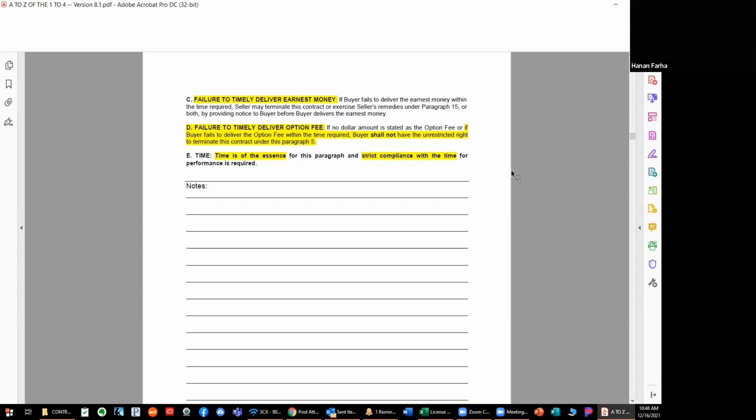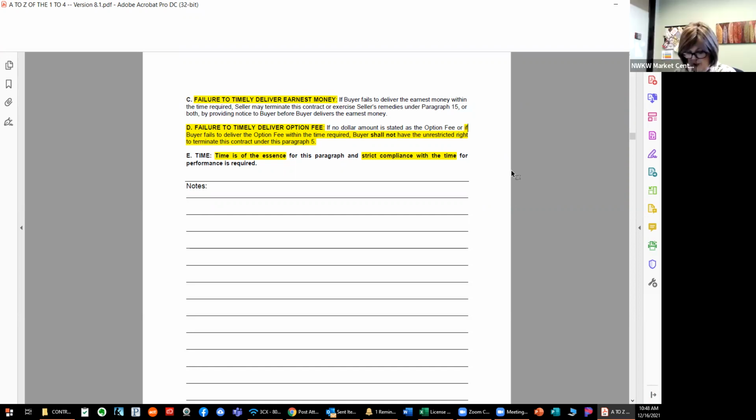But the option fee, no. If they gave the option fee back, they would have no option to get out of it for the reason they're trying to get out of it. If they get out of it within that option period, say they have 7 days, if they get out of it anywhere before that 7th day, they should get earnest money back, but never get option money back ever.